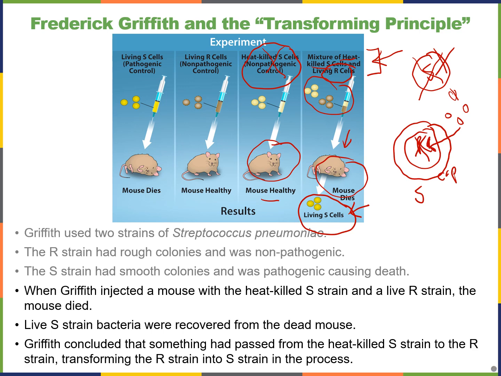And this is known as transformation, when bacteria pick up this genetic material that we did not know as DNA yet and become transformed. They can take those instructions and build new structures.